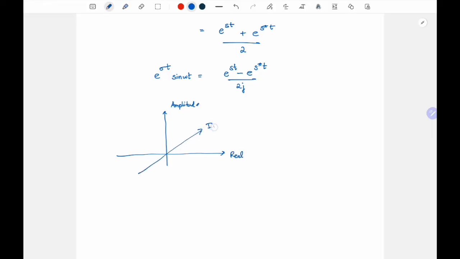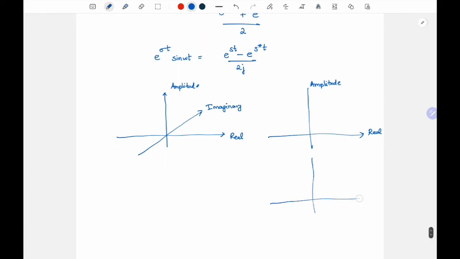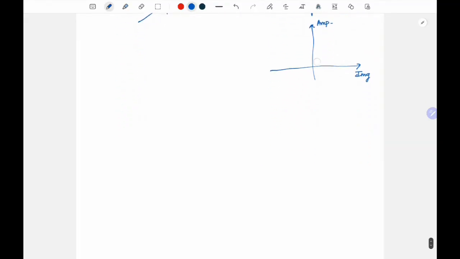So it is not straightforward to see it graphically on a 2D paper, but you can separately plot the amplitude versus the real, and then the second one you can plot amplitude versus the imaginary axis, right? So we'll go ahead and see that. So we have f of t equal to e power st equal to e power sigma t into cos omega t plus j sin omega t. Now let's see the real part.